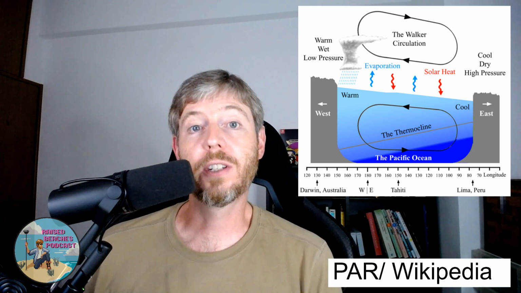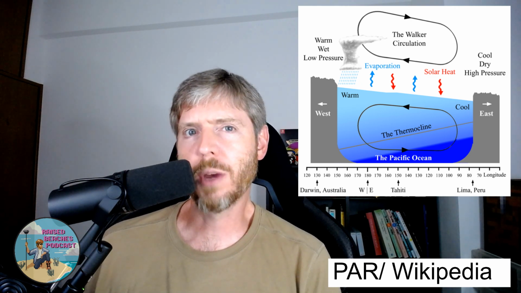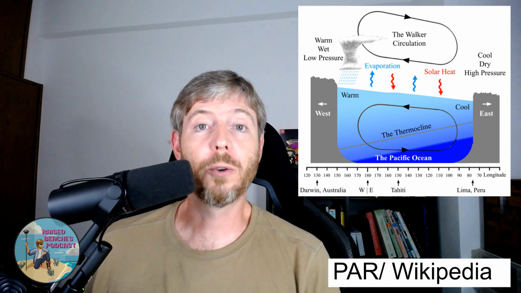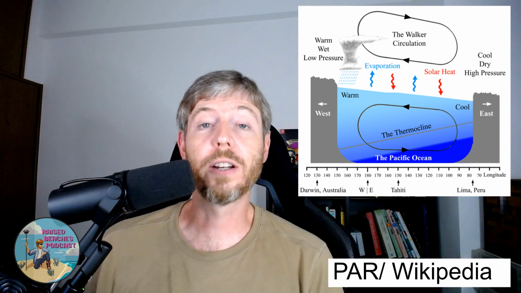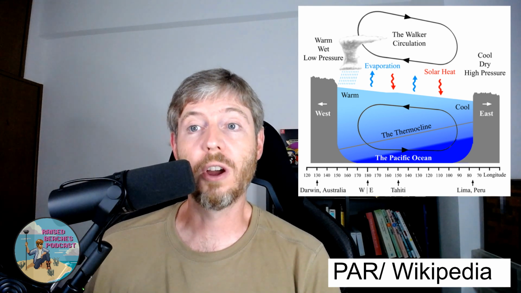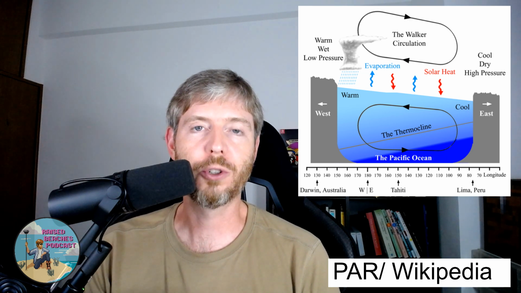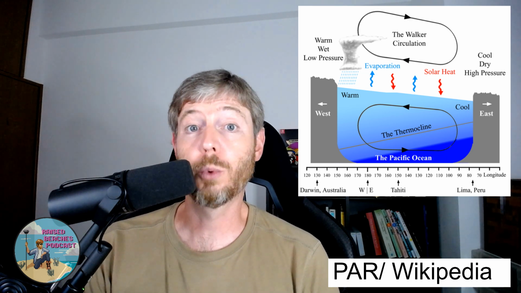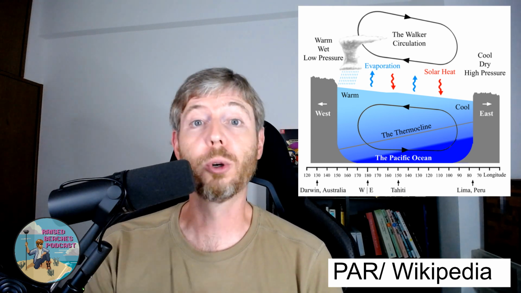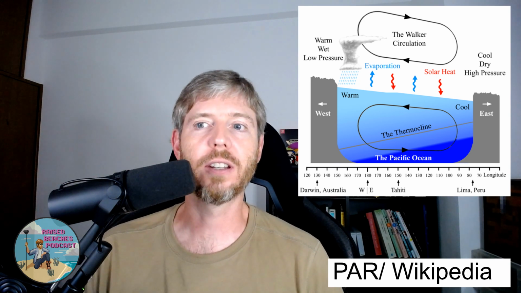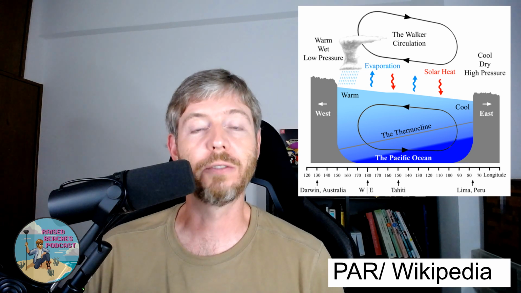The difference in pressure is maximized during La Nina events, and so during this period, the Walker circulation is quite strong. Because the wind along the surface of the ocean goes westward, that causes the ocean water to be pushed against Asia, and that can cause a sea level change on the order of tens of centimeters.